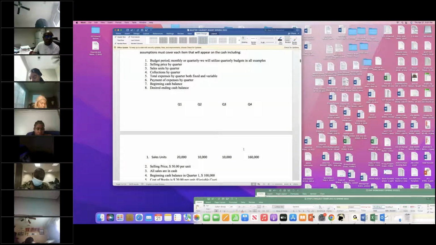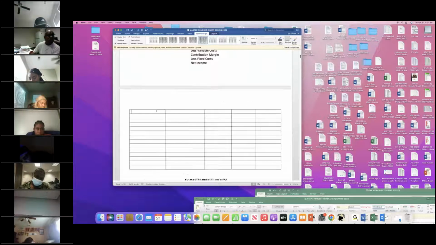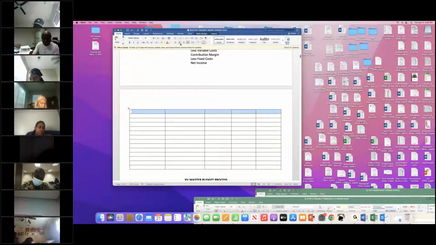On the top are the quarters: quarters 1, 2, 3, and 4.